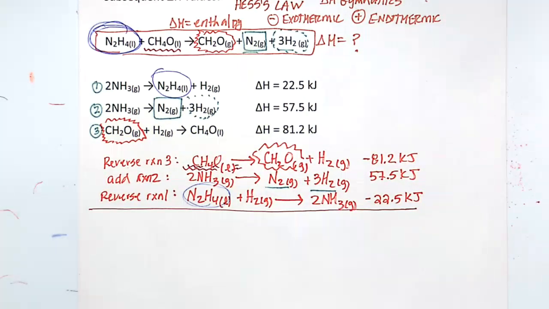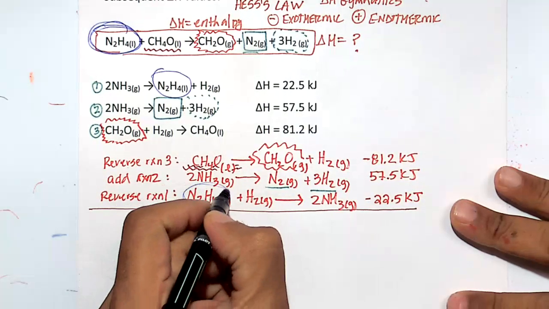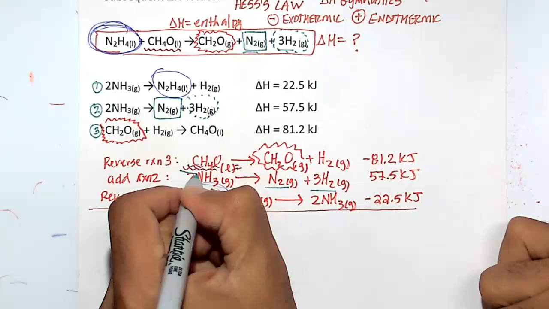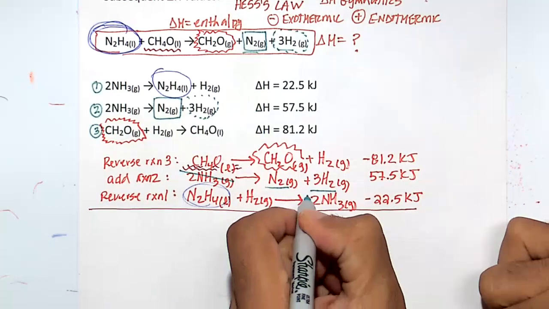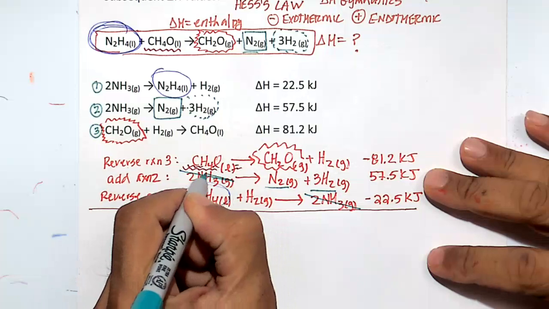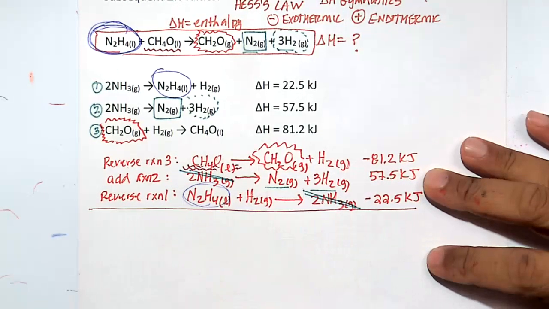Okay, and also, you guys see this? Do you see this, Hazel, Alex? You guys see that the 2NH3 here that's on the reactant side cancels out with the 2NH3 here that's on the product side. Okay, so this cancels and this cancels.